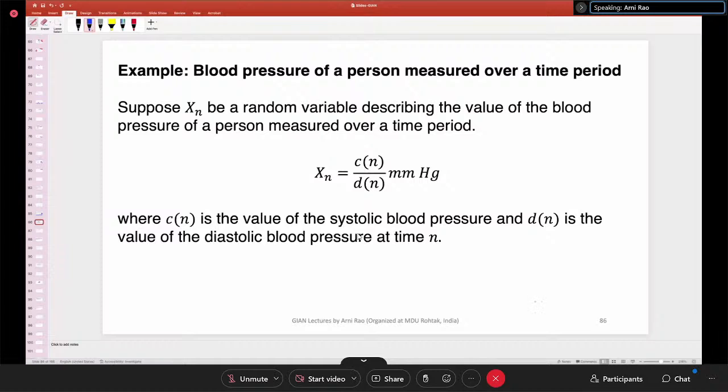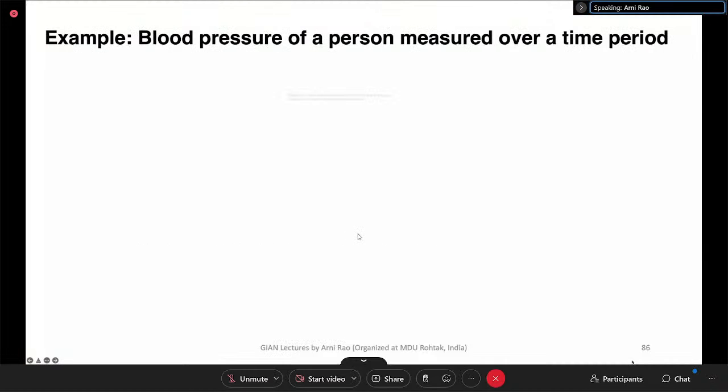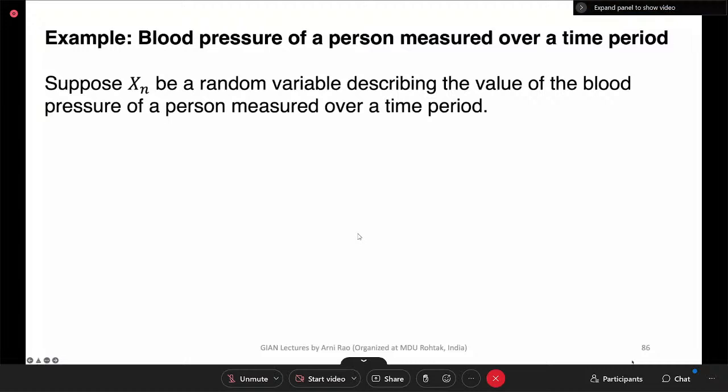Let us see this example of blood pressure in terms of Xn. Suppose Xn is a random variable describing the value of the blood pressure of a person measured over a time period.